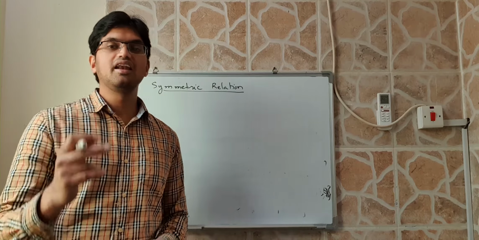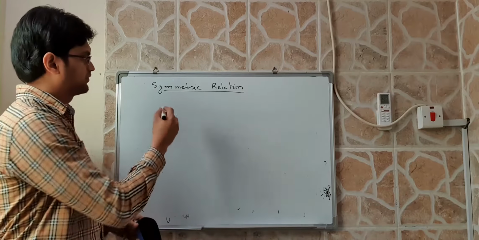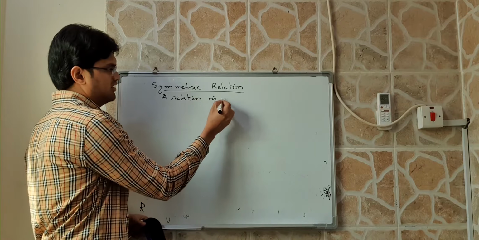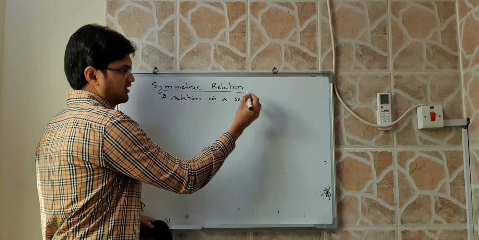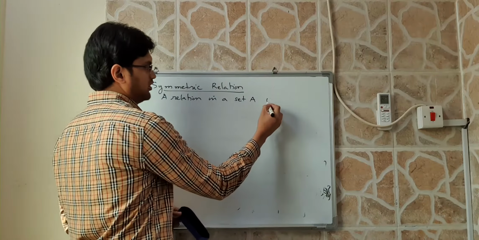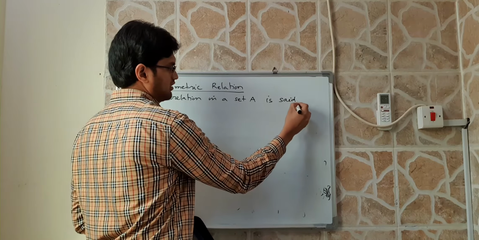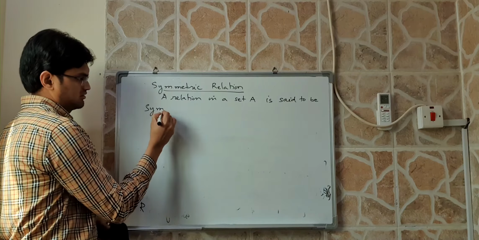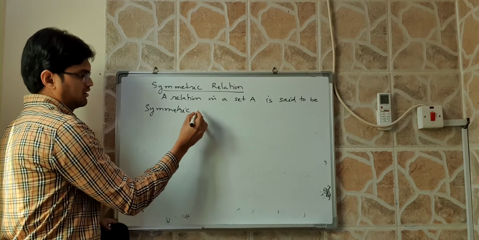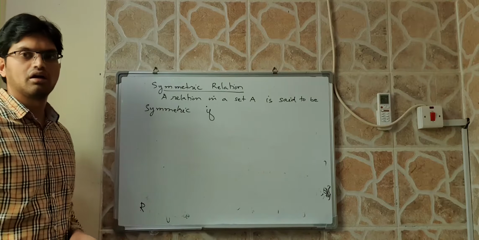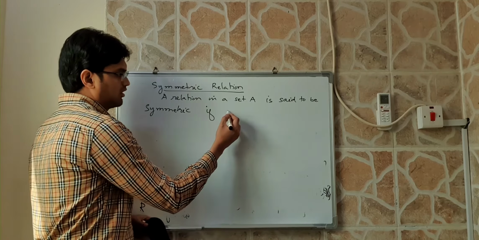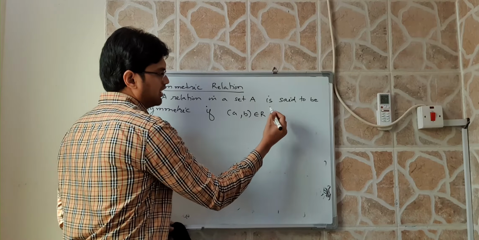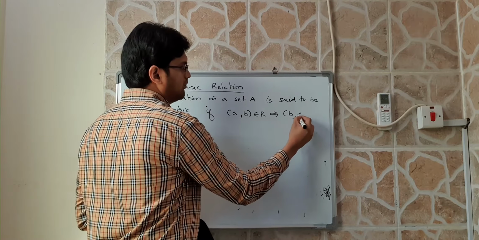A relation in a set A is said to be symmetric if (a, b) belongs to R implies (b, a) belongs to R.